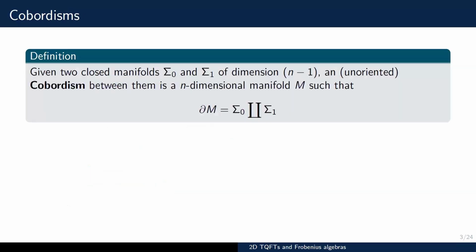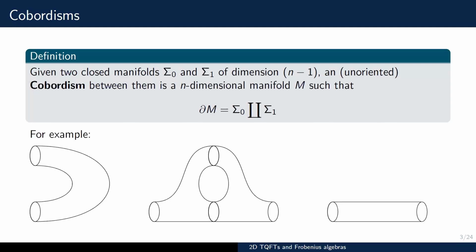Before we get into the axioms, let's look at some preliminaries. First of all, we have cobordisms. Suppose we have two manifolds which are closed. An unoriented cobordism is a manifold one dimension higher such that its boundary is just the disjoint union of the two manifolds. I have some examples.